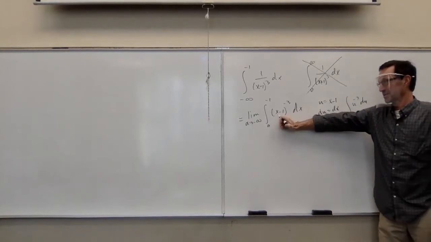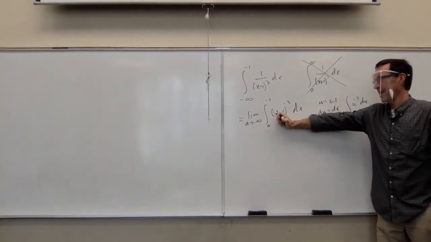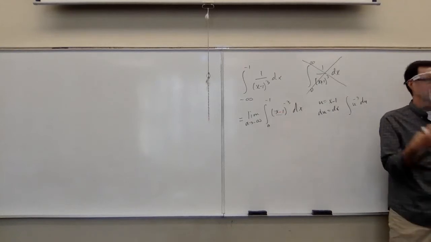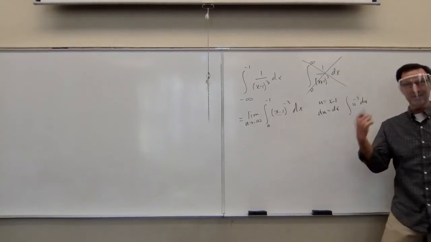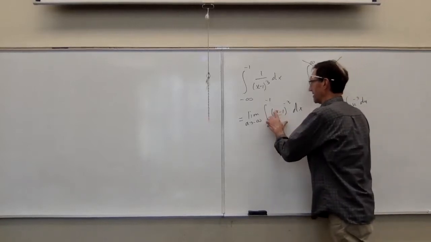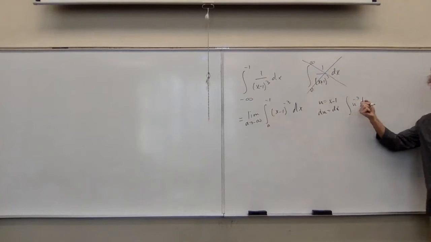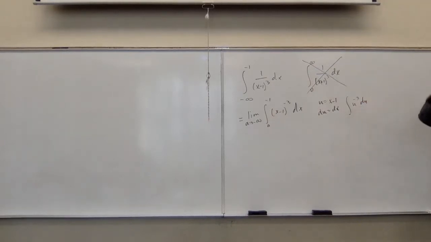So I can look here and say, well, the derivative of the inside is 1. If I had a 2 there, then I would say, oh man, I've got to deal with that 2. And u would be 2x minus 1 and du would be 2, right? And so we'd have to deal with that 2. But when the derivative of the inside is 1, then all we have to do is raise the power divided by the new power.